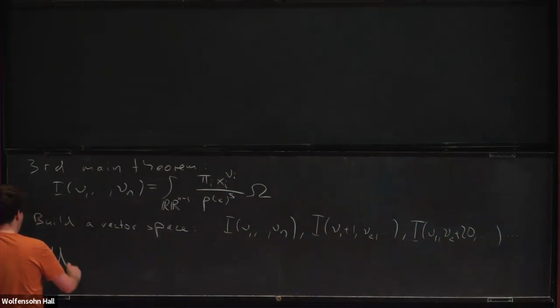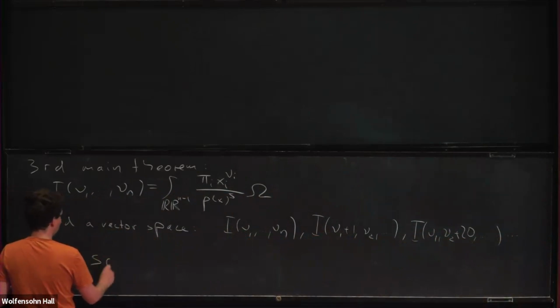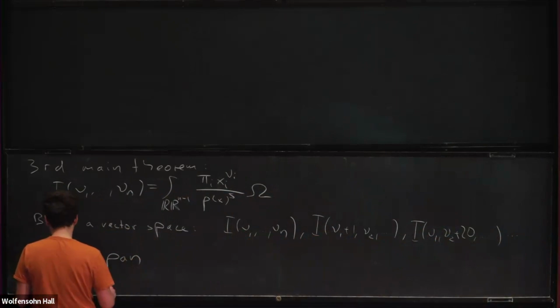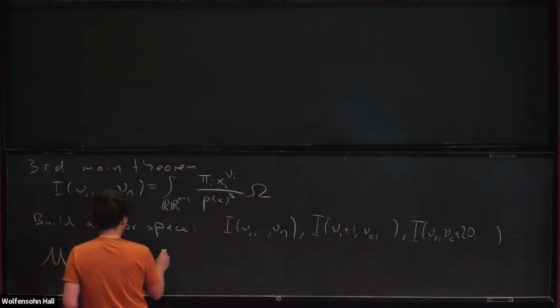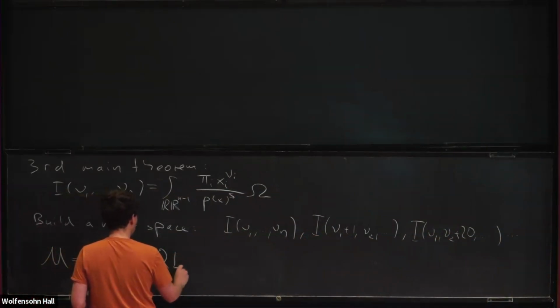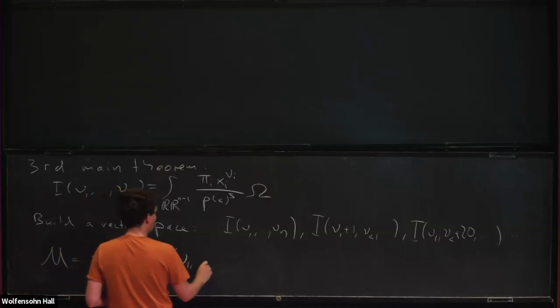So in mathematical terms, one writes that this is the span of all k vectors that are some shift vectors. And we have coefficients that are rational functions in these nus.